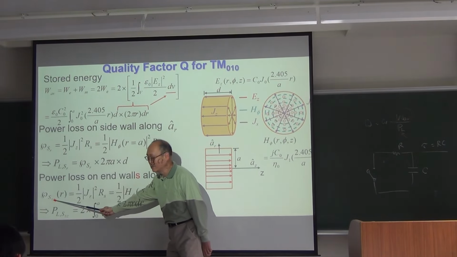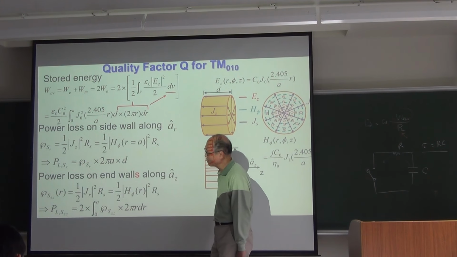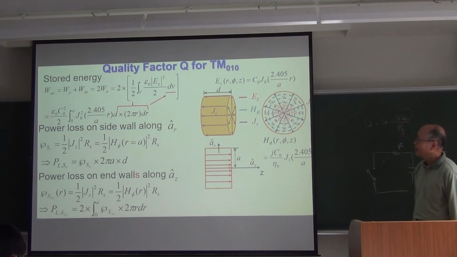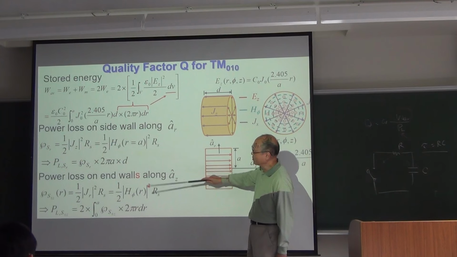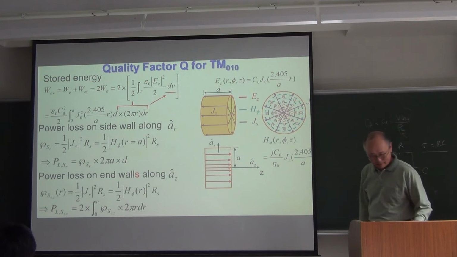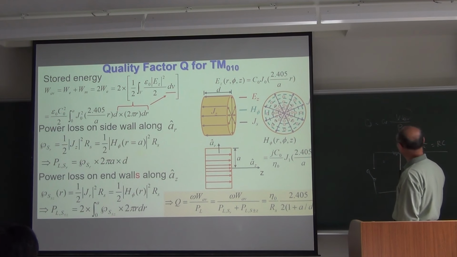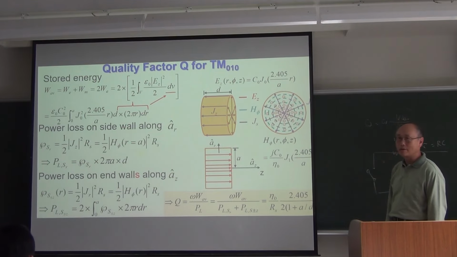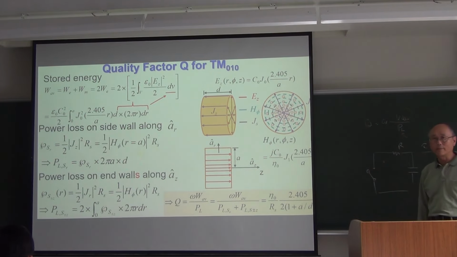You have 2 surfaces, alright. So you can also calculate the ohmic loss associated with them. Once you have these 3 terms, 1, 2, 3, then put them into a formula right here. You have the capital Q. So this is how you do the calculation for capital Q.